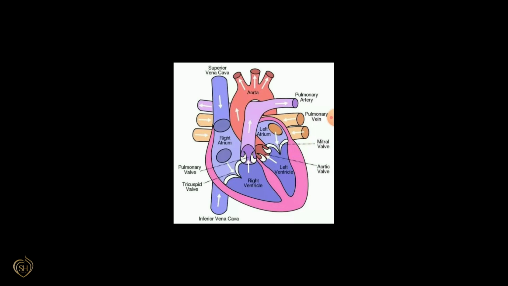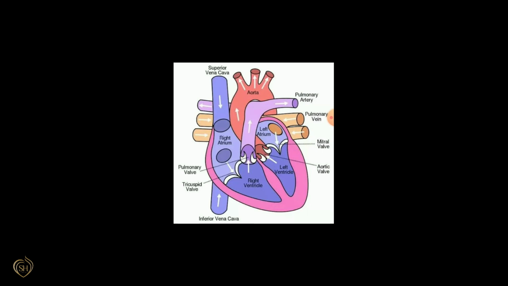Pulmonary artery carries deoxygenated blood from the right ventricle to the lungs. It is for oxygenation. And the aorta carries oxygenated blood from the left ventricle and it is supplied to all parts of the body. Now, are you clear?